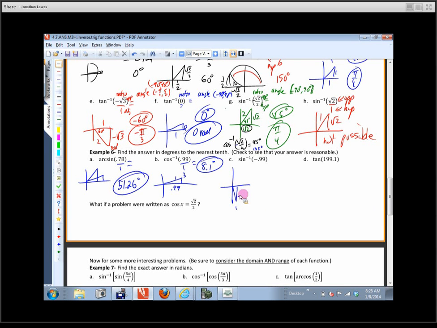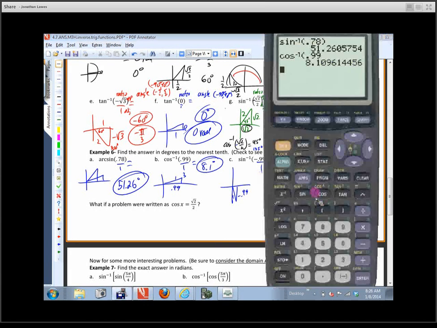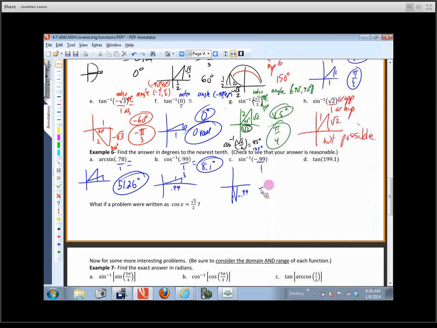If this is negative 0.99 and the hypotenuse is 1, so if we make that a ratio, it's got to be a pretty big angle in the negative direction. So we'll do sine inverse negative 0.99, negative 81.89 degrees. Well, it says round to the nearest tenth. I guess I should be rounding. So that'd be 0.3, and that'd be 0.9.